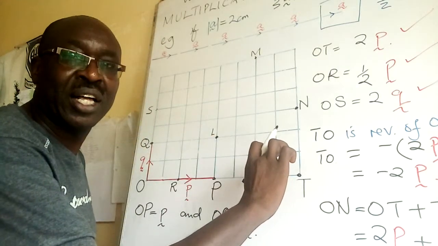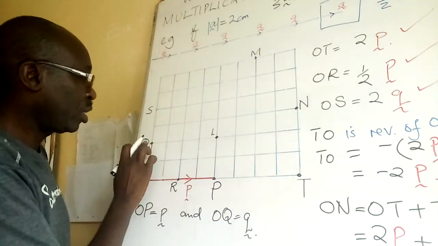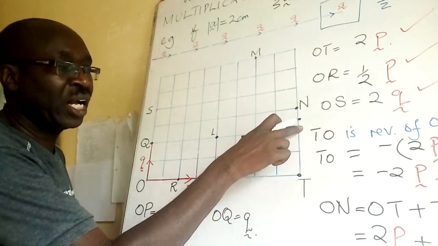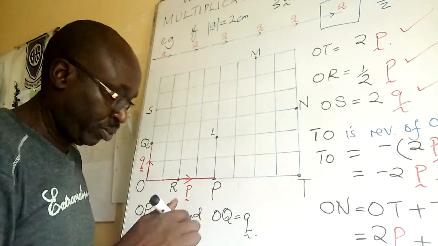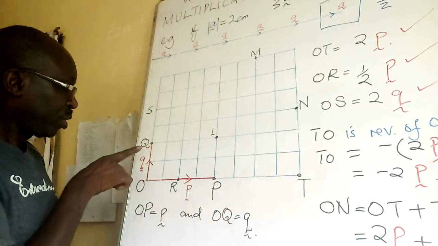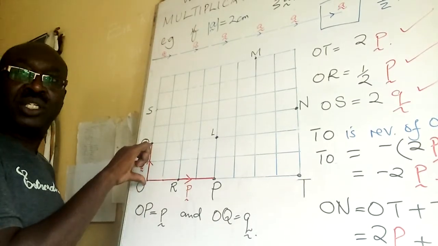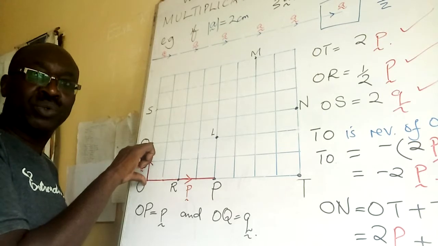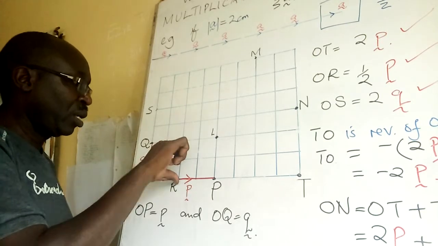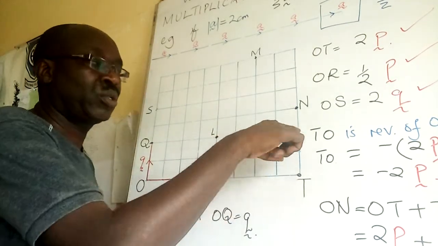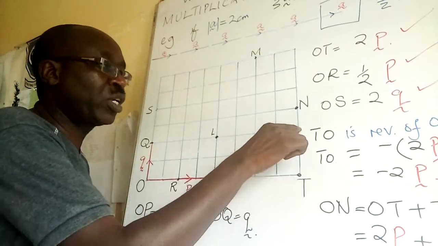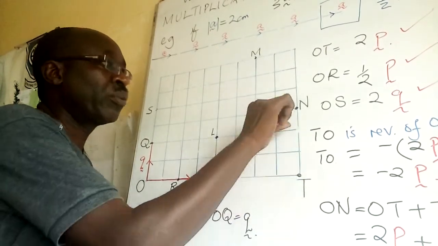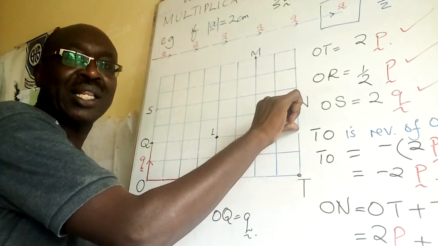So, if Q is here, then from here to here would be Q. If this is vector small q, then from here to here is small q. These are 2 boxes which make Q. But there is also another one.